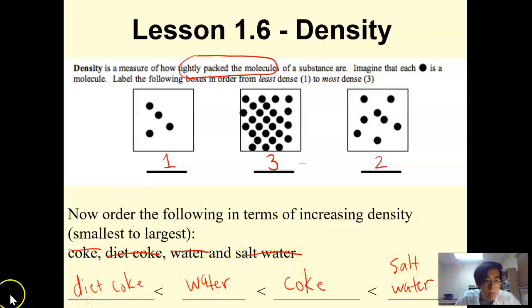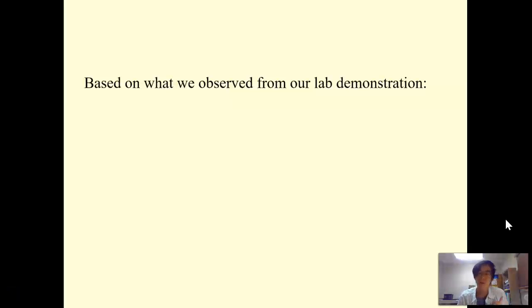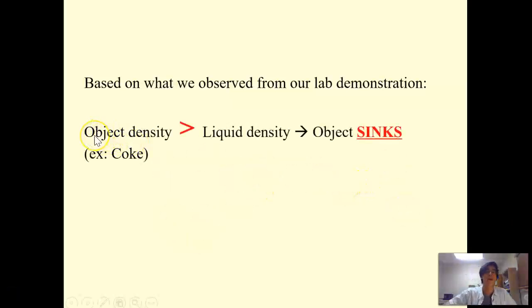Okay, now that you've filled out that first part of the Go Formative, let's summarize what we observed from our lab demonstration. When an object's density is greater than, this is the greater than sign from math, the liquid density, the object will sink, which makes sense, right? You have an object that is more tightly packed than the liquid surrounding it, so it's going to sink to the bottom. That was our Coke demonstration.